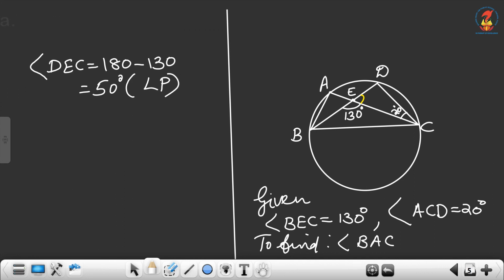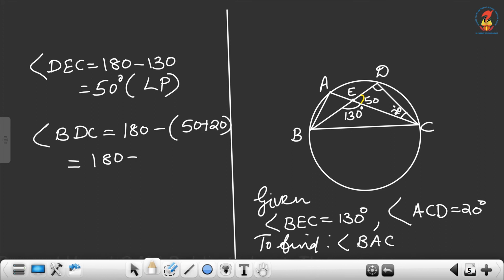So if this is 50, how can you find this? Using angle sum property. So angle BDC is equal to 180 minus (50 plus 20). So which is equal to 180 minus 70, which is equal to 110. You have to write the reason here, angle sum property.